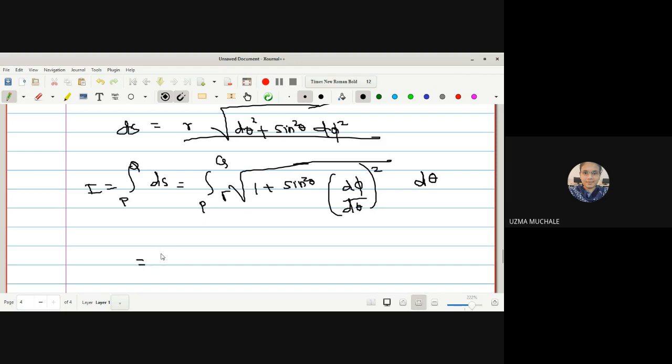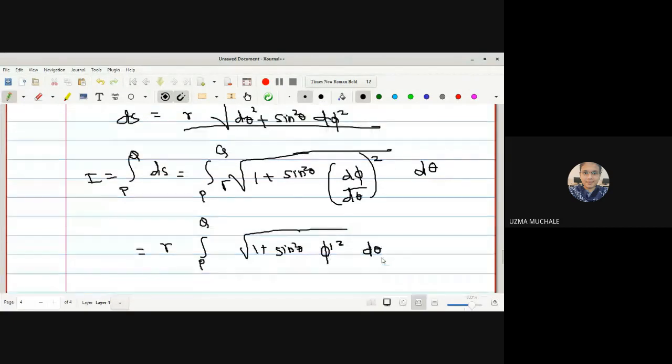Instead of taking dx, in the last example we have taken dx outside. R is a constant which is outside the integration. Now as we are finding the integration with respect to theta, so we can write this as integration P to Q, 1 plus sine square theta, and this is what I can write as phi dash square d theta, correct?